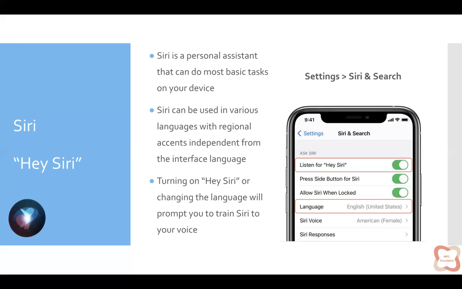You can also type, but I forgot how to type. Somewhere, I don't know where. You should be able to type as well. Where is it? I'm just going to search how to type on Siri.